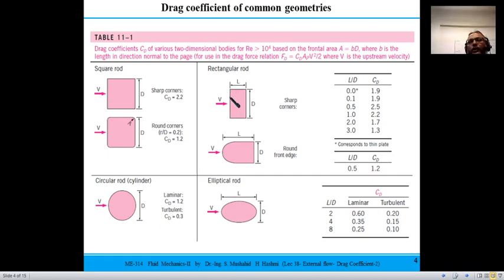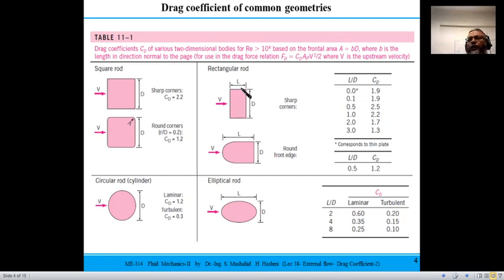If this is a rectangular rod having sharp corners, then the drag coefficient would depend on the ratio of L over D. When L over D is 0, it is just a vertical plate, and your drag coefficient is 1.9.